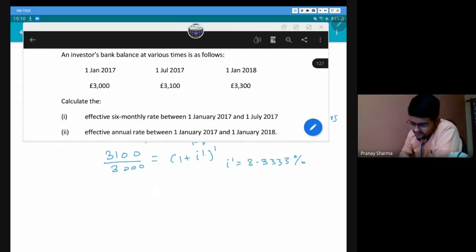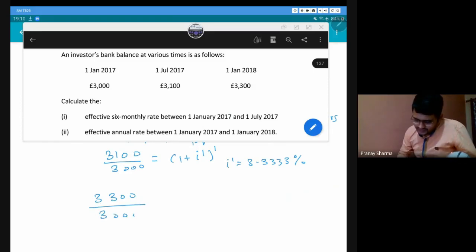In the second part, the effective annual rate between 1st January 2017 and 1st January 2018. For the annual rate, we'll have our 3,300 as our future value divided by 3,000 invested at time 0 will be 1 plus I, this is our annual rate, raised to 1 year because 1 year has passed.